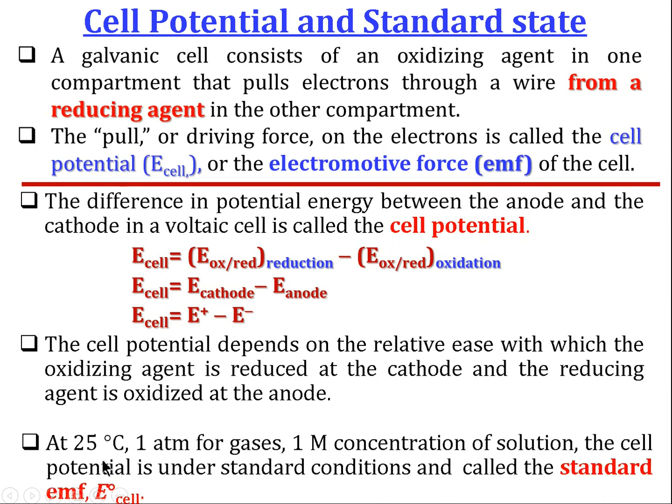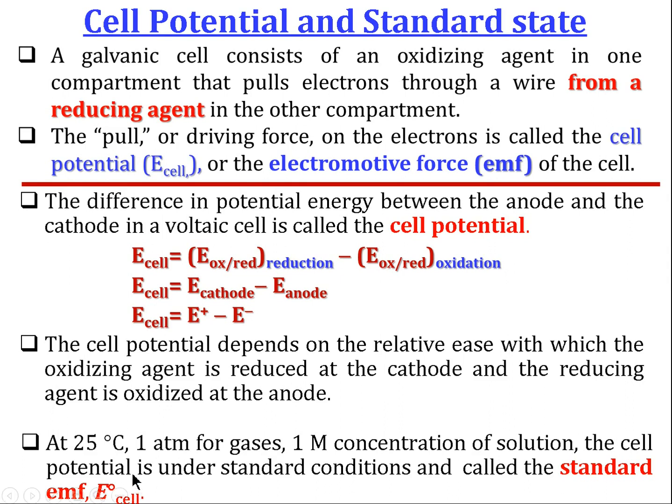At the standard state, the temperature is 25 degrees Celsius, the pressure of gases is equal to 1 atmosphere, and the concentration of ions in the solution is 1 molar for each.